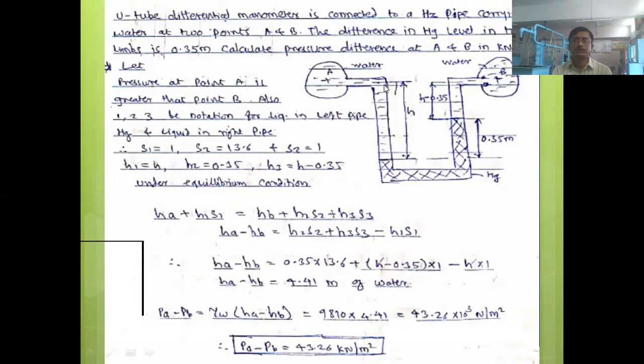Calculate the pressure difference at A and B in kilonewton per meter square.